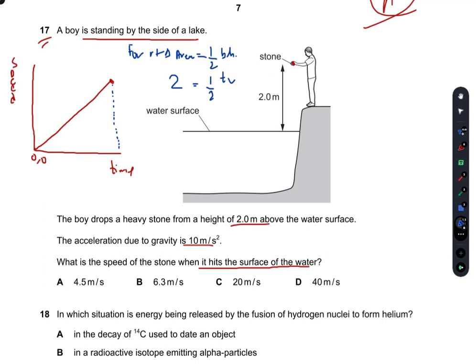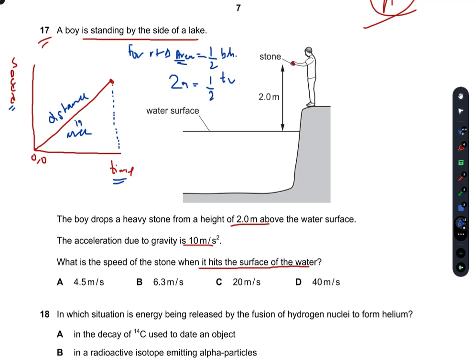So if we check this once again, this is a speed time graph, as you can see, and this speed time graph will give us the distance in its area, the distance covered here. So this area is equal to 2, and 2 meters is the distance covered.